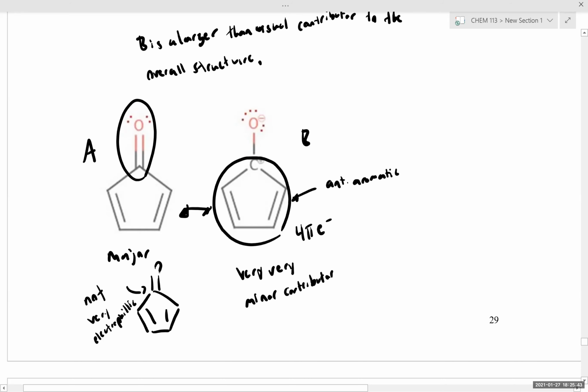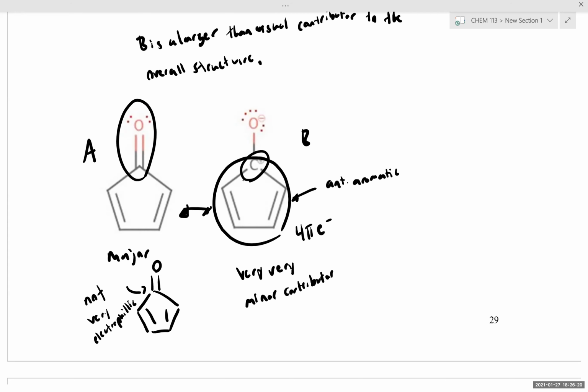So it would be difficult to engage this carbonyl carbon in typical reactions with nucleophiles. This carbon will be a little bit more resistant to reaction than usual, and that's because this contributing resonance structure, where there is cationic character on our carbon, is a very, very, very minor contributor. Does that make sense? So does A only have 4 pi electrons?